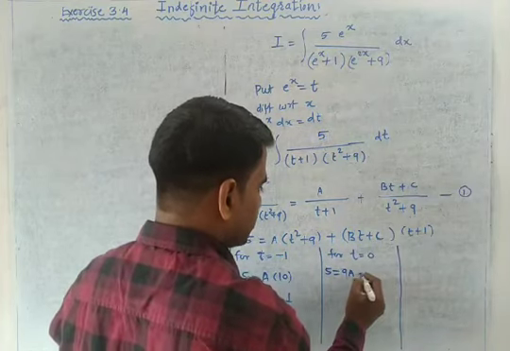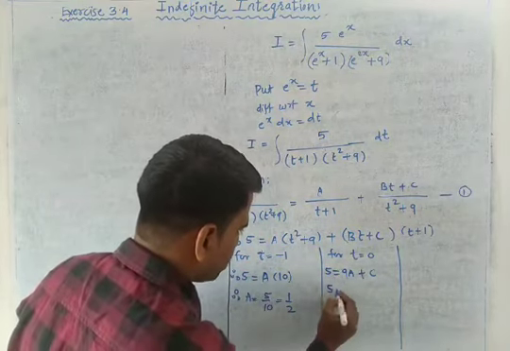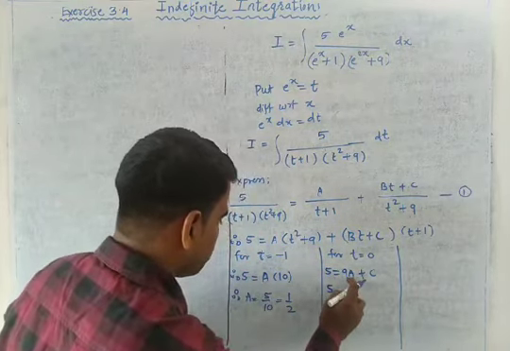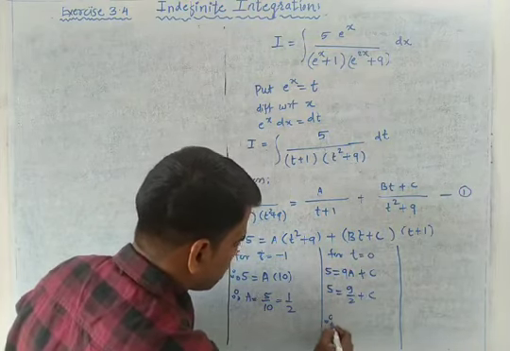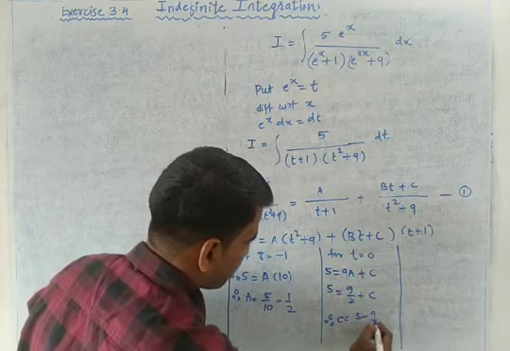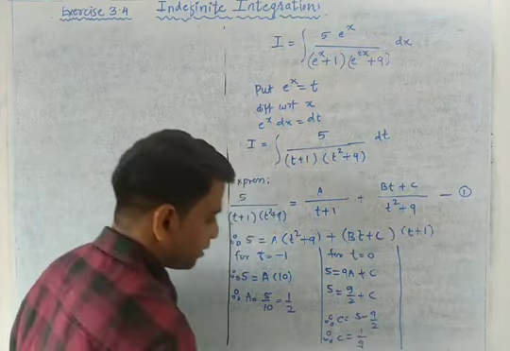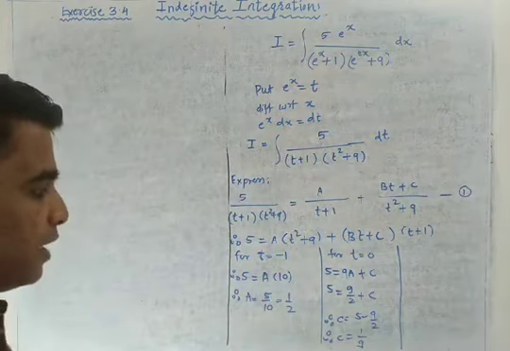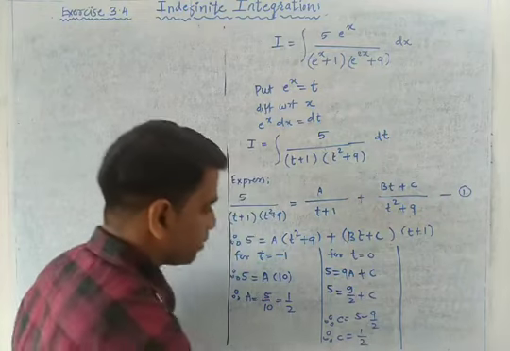So that is plus c. So we get the equation 5 is equal to 9a plus c. But the value of a is 1 by 2, so it is 9 by 2 plus c. Therefore c is equal to 5 minus 9 by 2, that is c is equal to 1 by 2. So the value of c we got is 1 by 2.